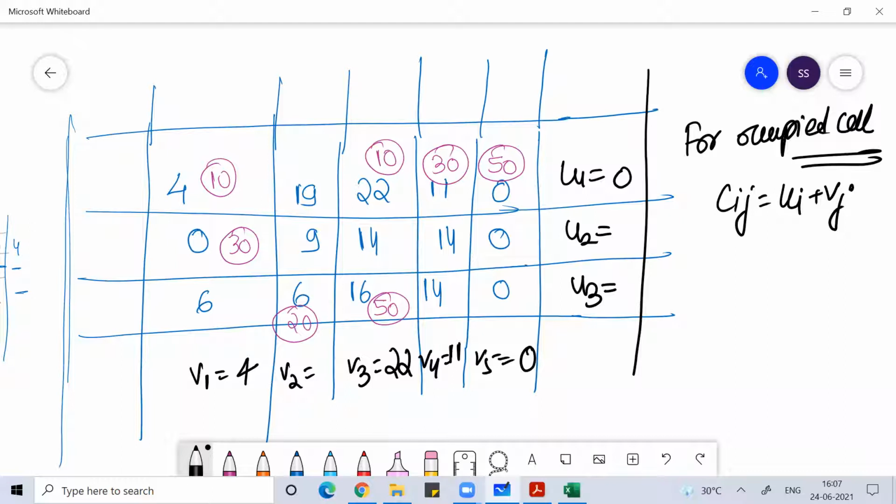This would be -6, this would be 12. 6 is equal to -6 plus x. This would be -4.